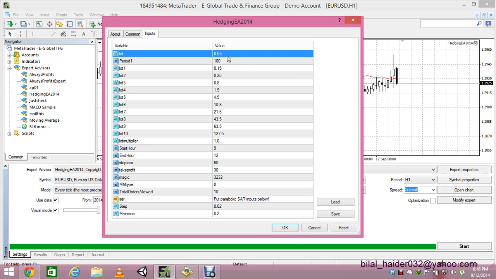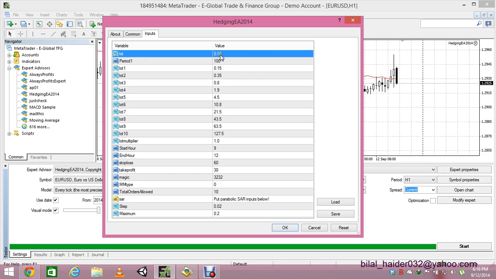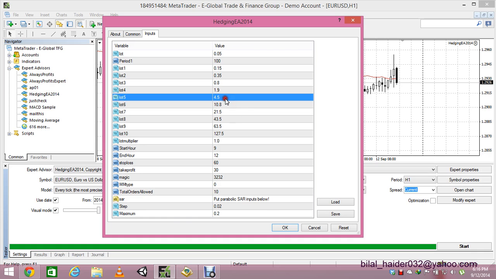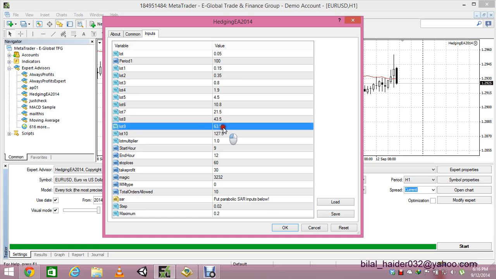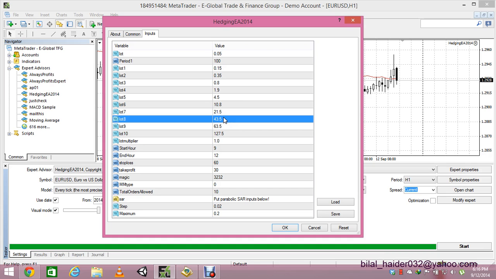The first trade will have this many lots, the second trade this many, then third, fourth, fifth, sixth, seventh, eighth, ninth, 10th and 11th. I have tested this expert advisor on this year's time frame, and I have seen that it never goes beyond 6 trades. So don't worry about these numbers.